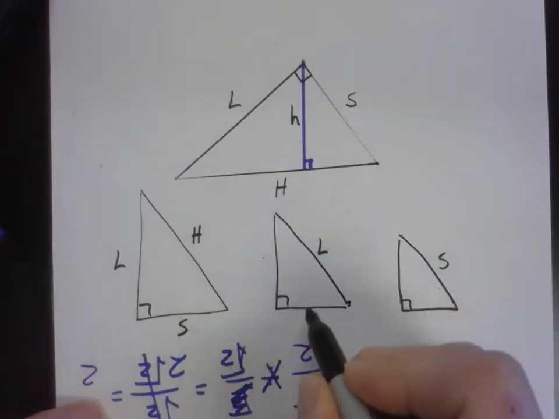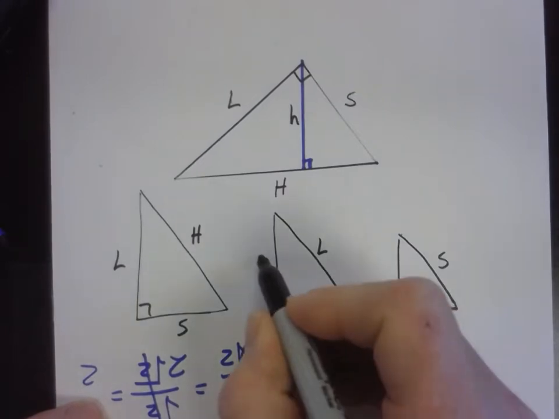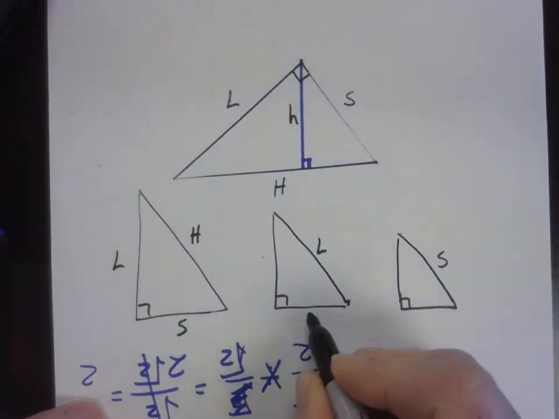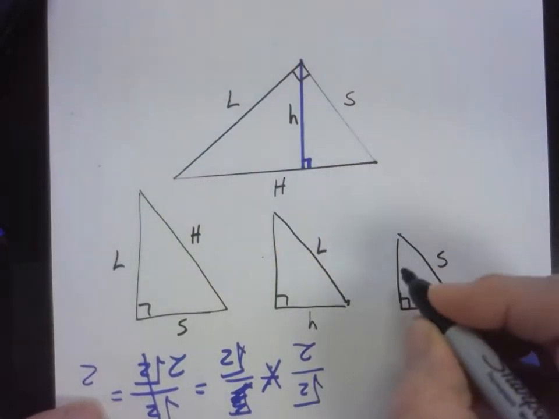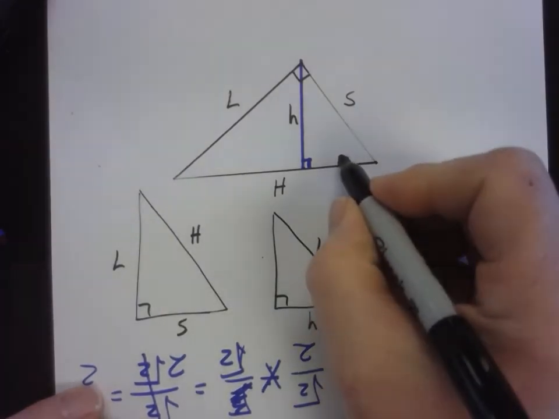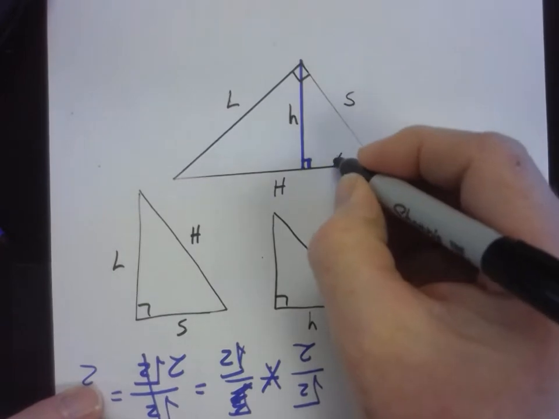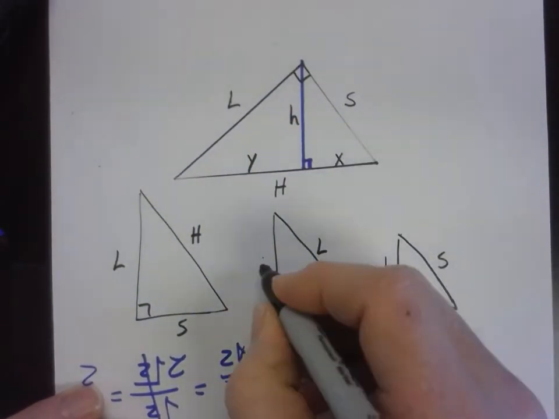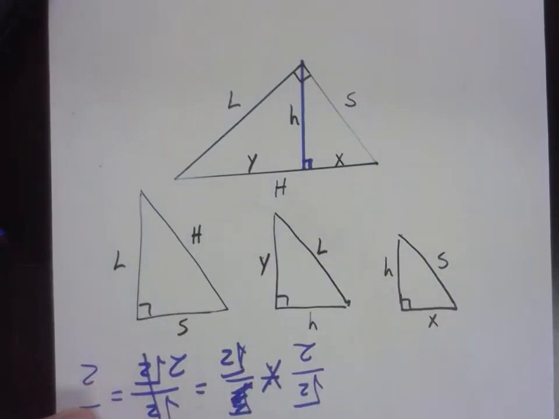Is it the long leg or the short leg of the medium one? It's the short leg, but on the little triangle, it's the long leg, isn't it? Okay? And then I guess we could call this little bit here X. That'd be this guy. We can call this Y. That'd be the long leg. Okay.